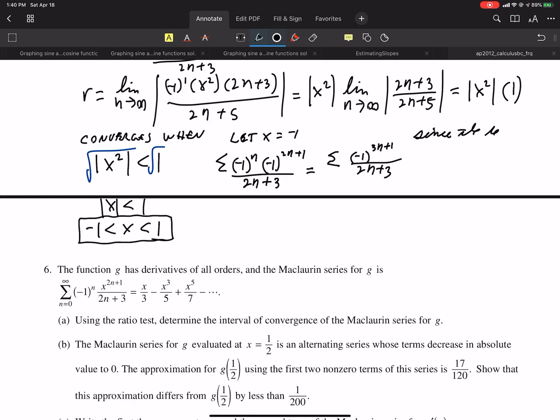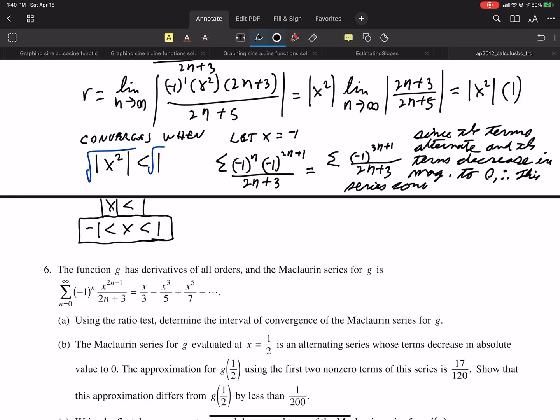So your conclusion, since the terms alternate, and the terms decrease in magnitude to 0, therefore, this series converges.